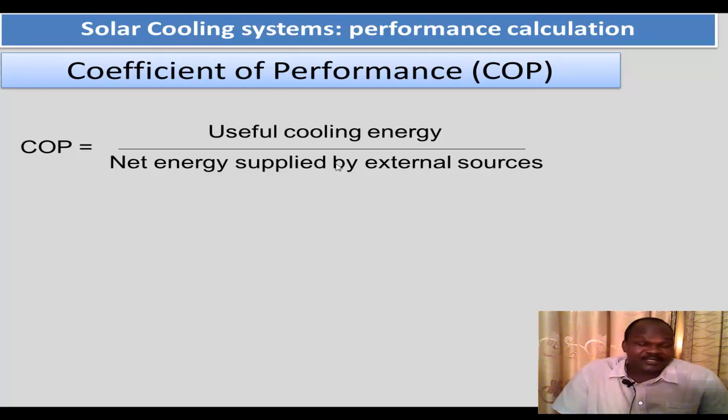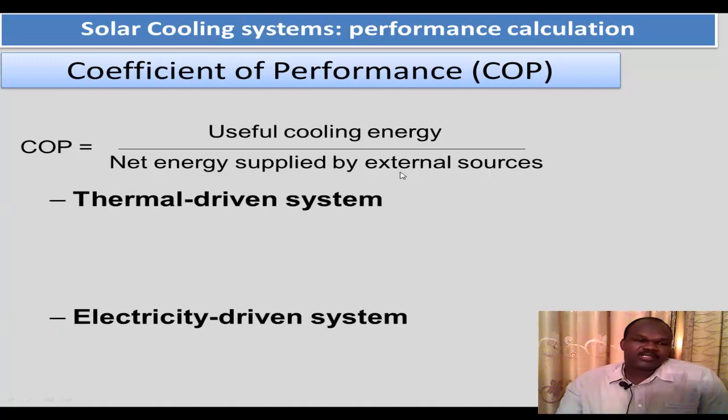So efficiency is defined as desired output over required input, COP equally. So the desired output for cooling systems is the useful cooling energy. All right? And then the required energy will be the energy supplied to the system by external sources.